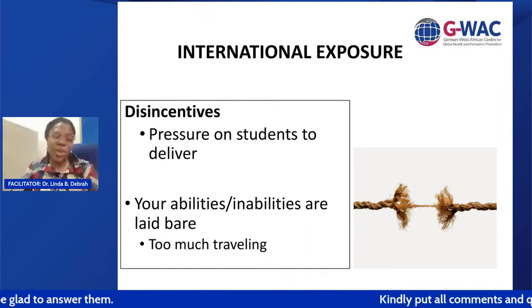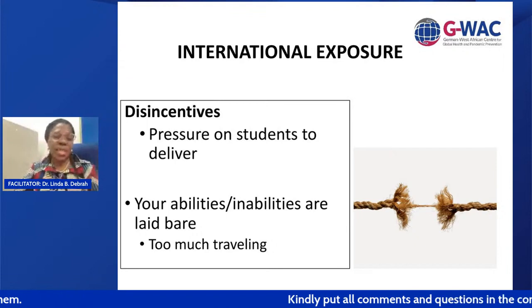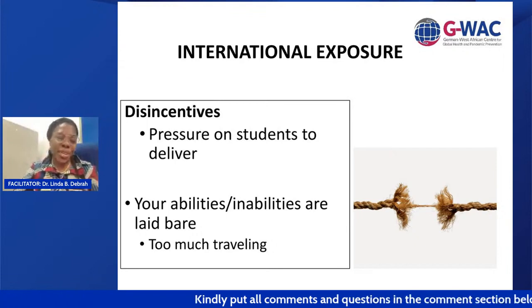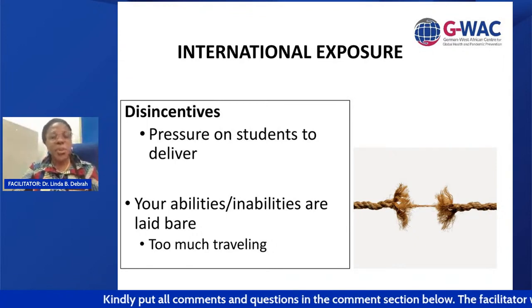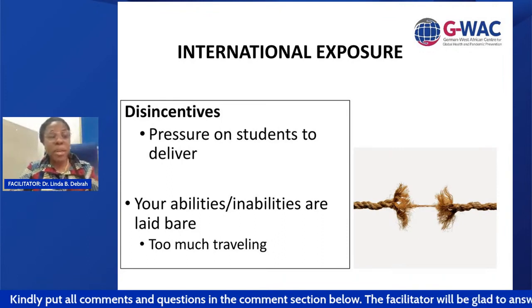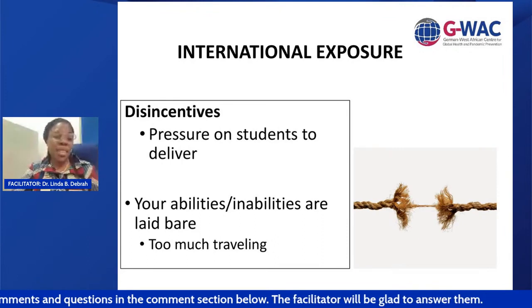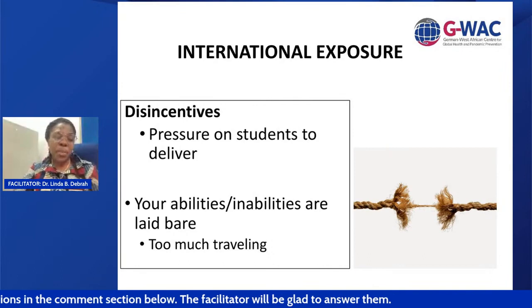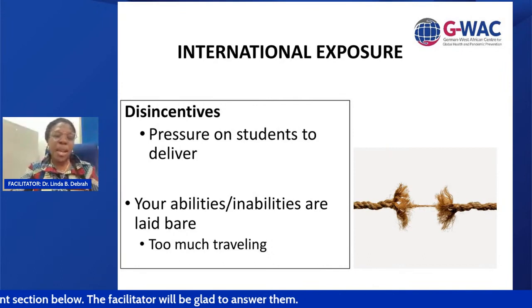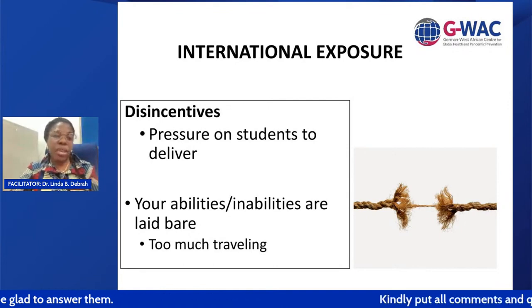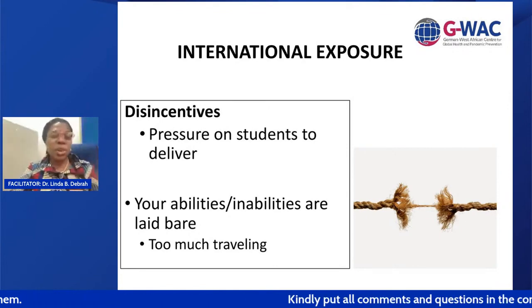You have no excuse not to deliver. And this is something that students normally wouldn't really want. They would want to have some leeway, but no, because you have everything you need, you have no excuse. And at that point, if you have abilities, it is known. If you are unable, it is also known.